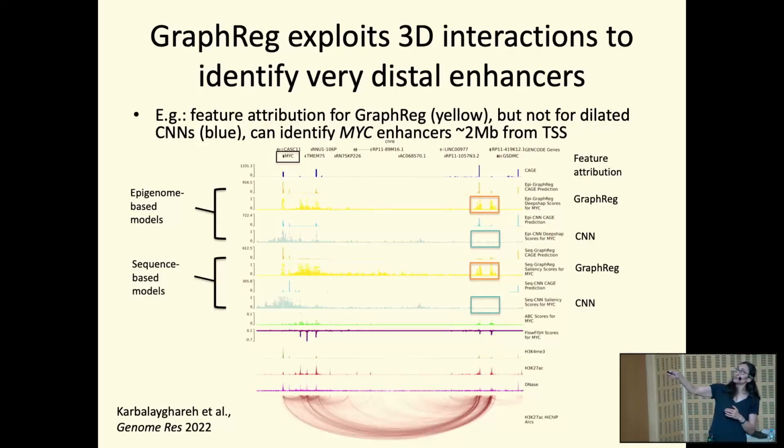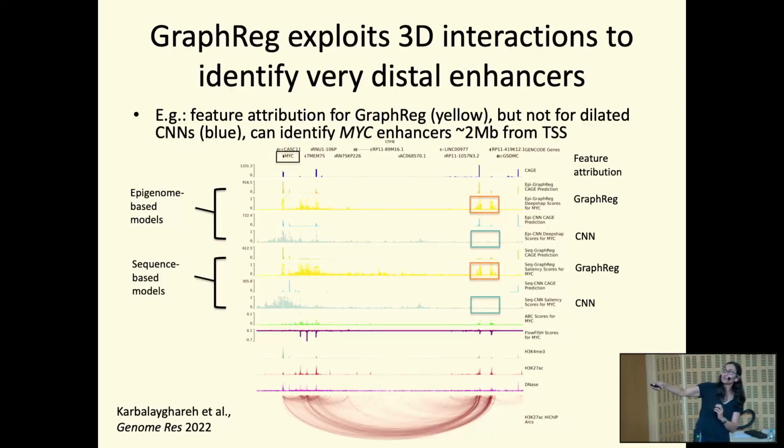And in blue, the prediction and feature attribution for just dilated CNNs, which were the state of the art at the time. And what you can see is that only the graph attention network can correctly learn that there are these very distal enhancers that are important for the expression of MYC, right?